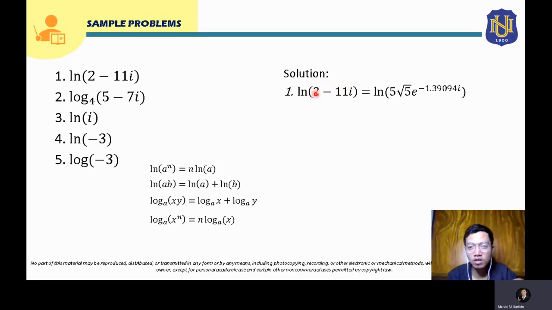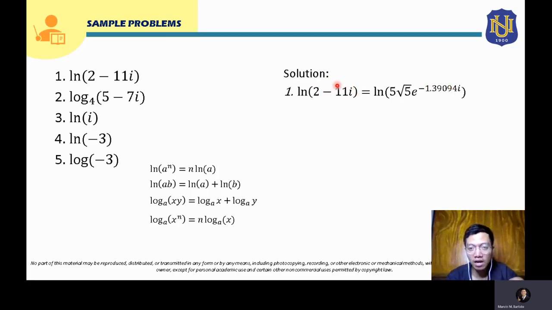that this complex number, which is in rectangular form, we will convert into exponential form. So this will be the exponential form. The r will be 5 times square root of 5. Again, I will no longer show you how to solve for the value of r. I assume you already know how to solve for the value of r of this complex number, and also for the theta.